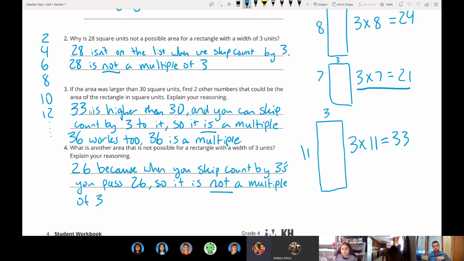I think so because 15 is a 5. Okay, keep going.